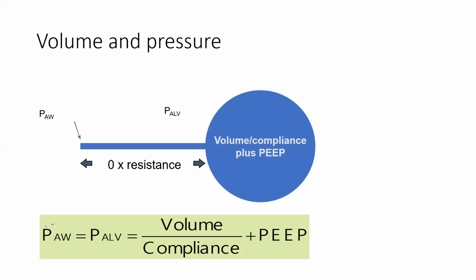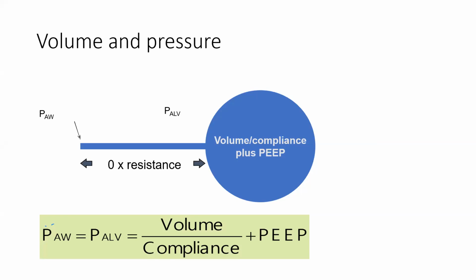So you stop the cycle at the end of inspiration. Now there's no flow, and hence the flow multiplied by resistance component is eliminated. This leaves us only with two components, the component needed to distend the alveoli and the PEEP.